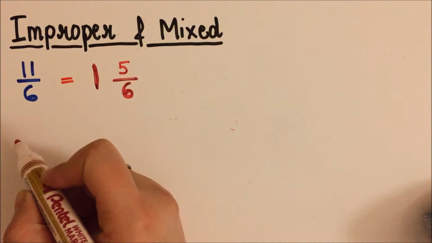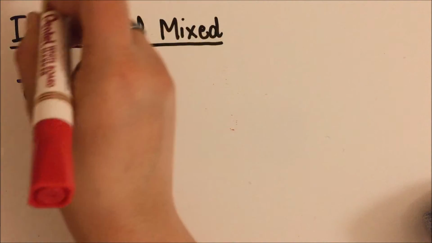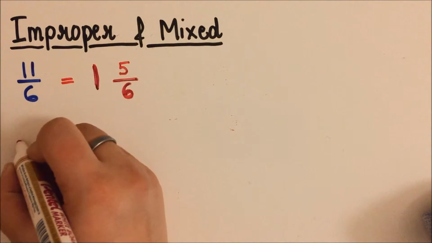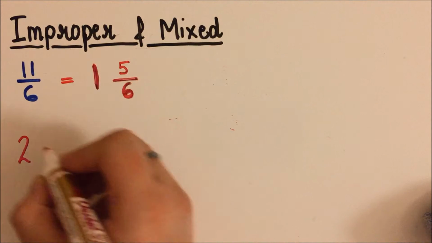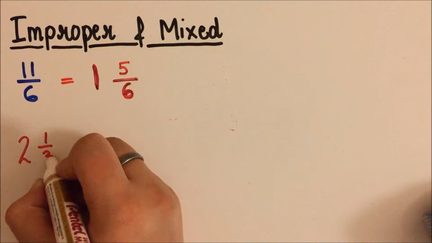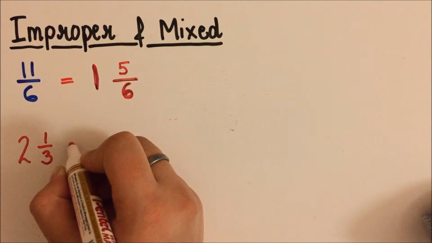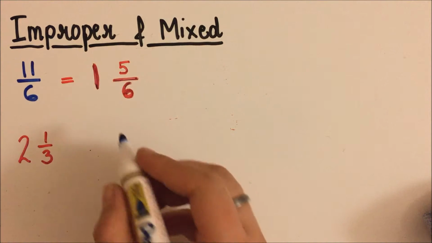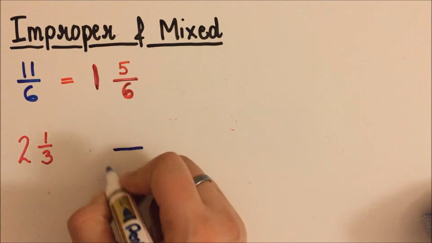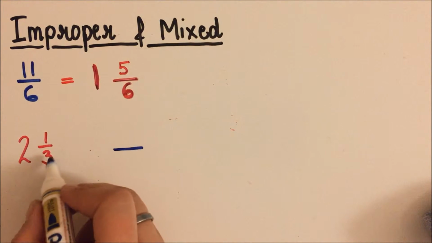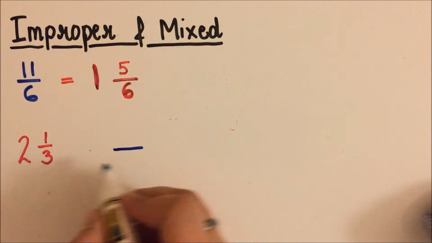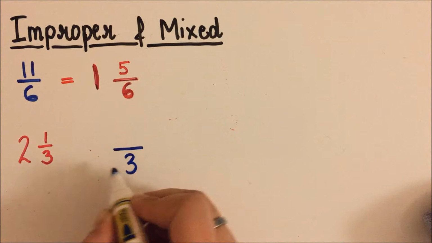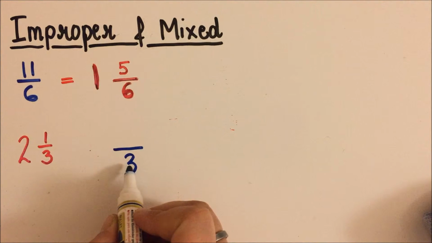Now let's learn how to convert a mixed fraction to an improper fraction. For that we're going to have a look at a mixed fraction. So let's take a look at 2 1/3. When you're converting a mixed to an improper, you know it's just going to be one fraction, and you know the denominator is always going to stay the same. So it's going to be out of 3.